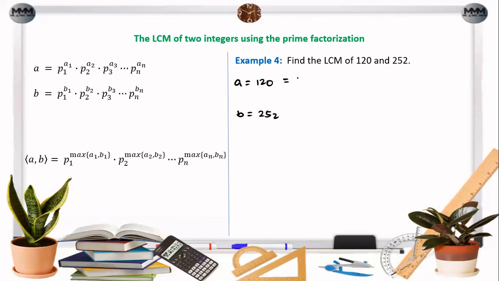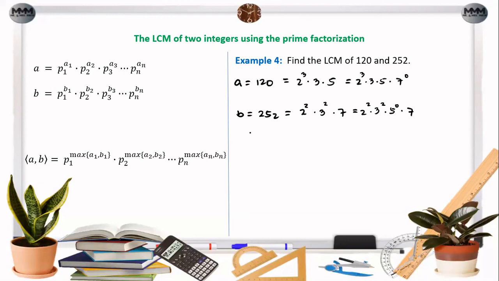Here, 120 can be written as 2 cubed times 3 times 5, whereas 252 can be written as 2 squared times 3 squared times 7. Now take note, we can also write the first as 2 cubed times 3 times 5 times 7 raised to 0. And we can write the second as 2 squared times 3 squared times 5 raised to 0 times 7.